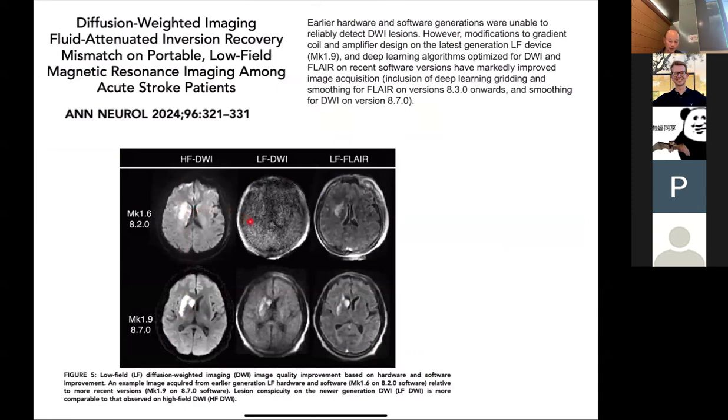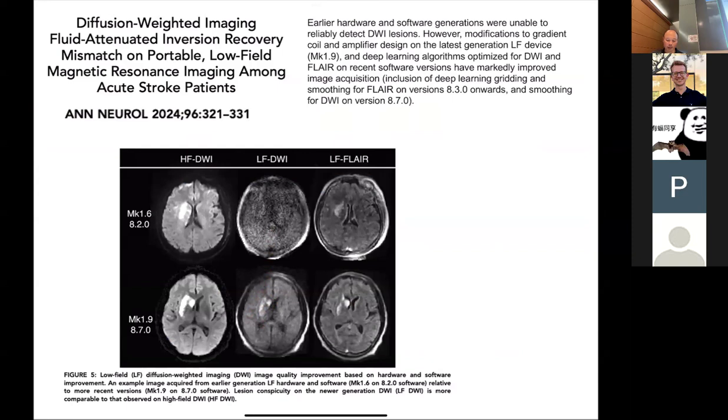With their previous generation of hardware and software, you couldn't really see that. They've been working over the last 3 or 4 years so that now they're actually getting a sense of it. Earlier hardware and software generations were unable to reliably detect DWI lesions. That's diffusion-weighted imaging.